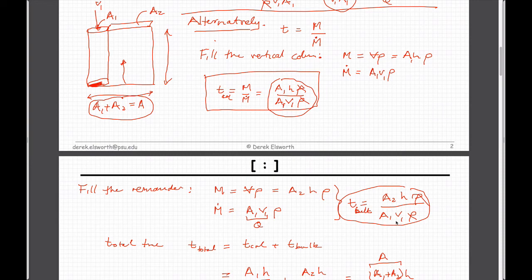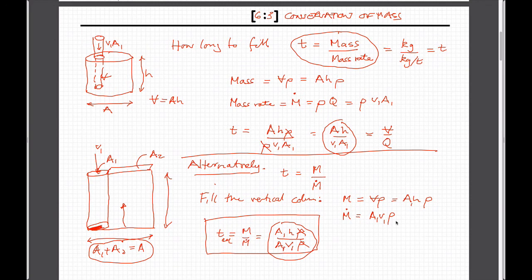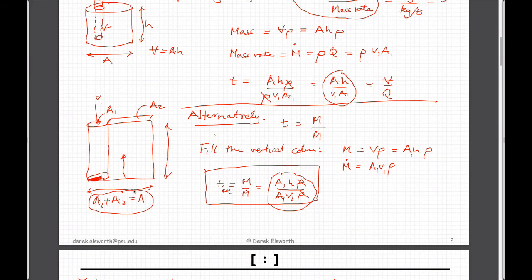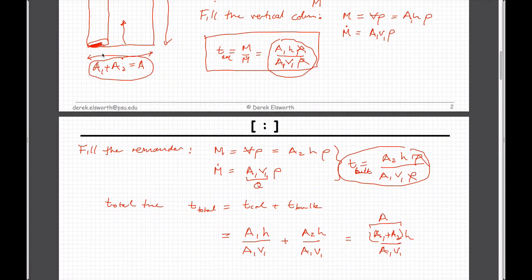So all we've done is we've said we can look at it filling up the whole container, and we get an expression. If we divide that filling up of the container into two parts, that we fill up this column first, and then we allow the water to rise in the rest of the container, then we should have exactly the same time. And we've done it by figuring out how long it takes for the column to fill out, how long it takes for the rest of the bulk to fill out.